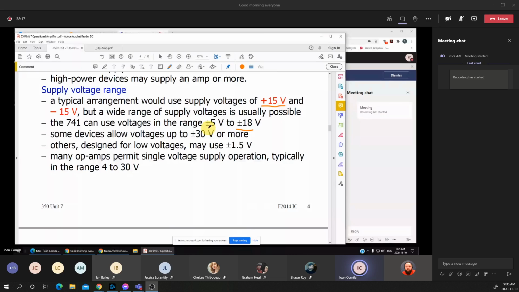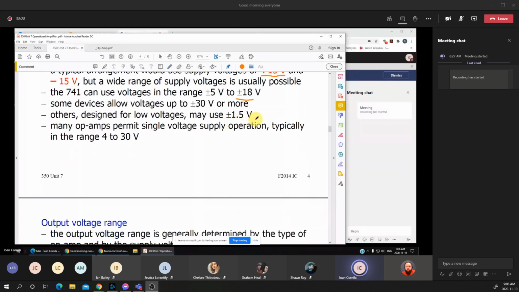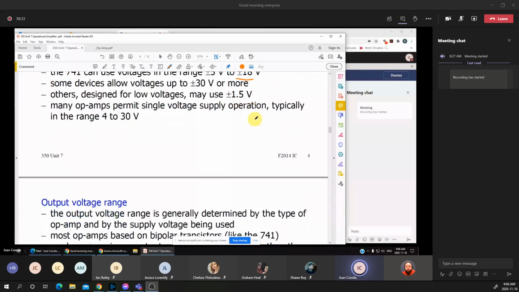They may use a lower voltage, and for low consumption op amps, 1.5 volts may be used as the supplied voltage.